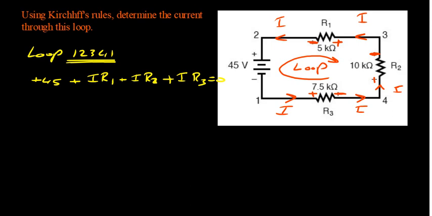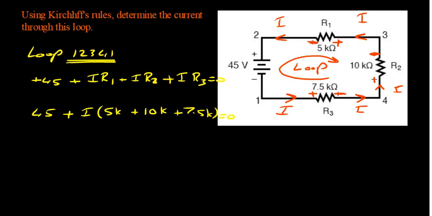That's it. Once again, it is 45 plus I, and these resistors as a common factor, 5 kilo ohm plus 10 kilo ohm plus 7.5 kilo ohm, all equals 0.